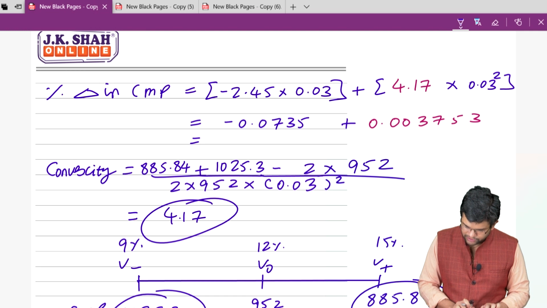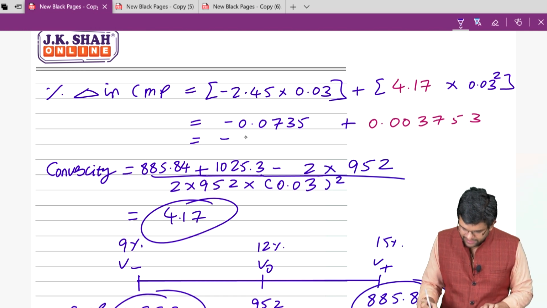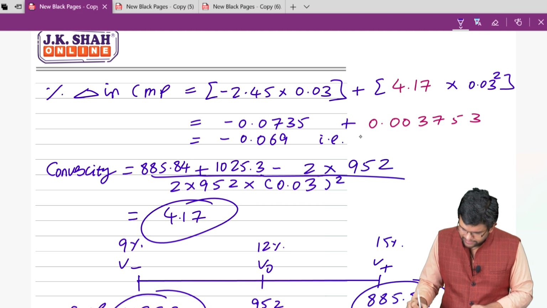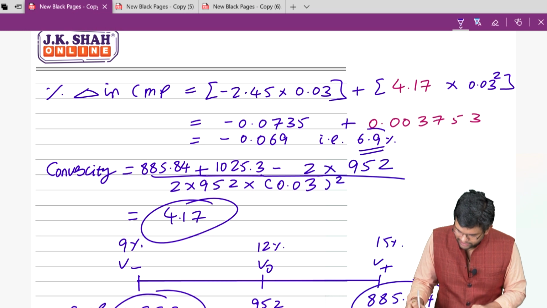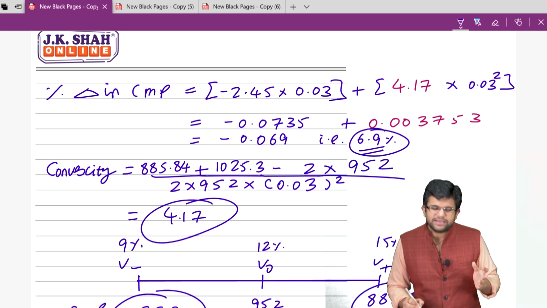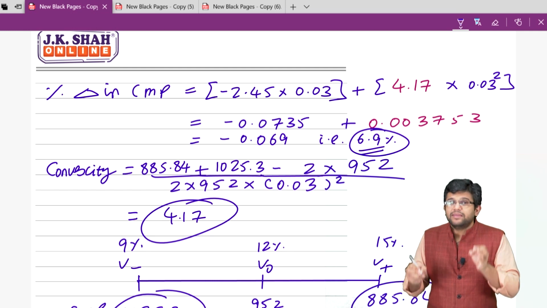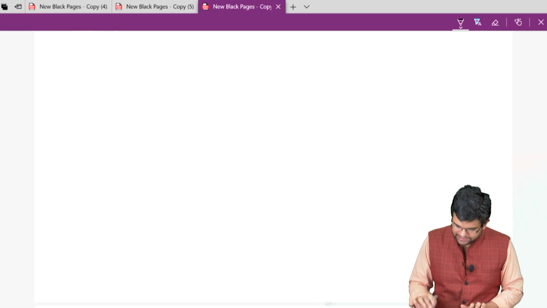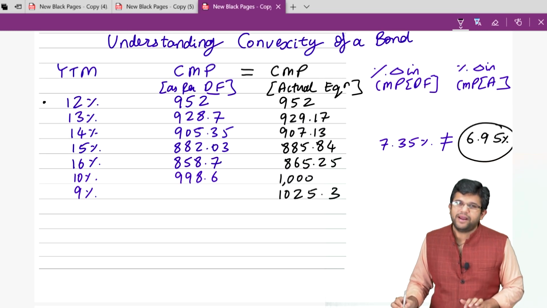So this will come to minus 0.069, that is nothing but 6.9% negative. Negative in a sense, when the yield goes up by 3%, the bond price should fall by 6.9%. Let us see, in reality it has fallen by how much? Yes, children, it has fallen by 6.9% only.